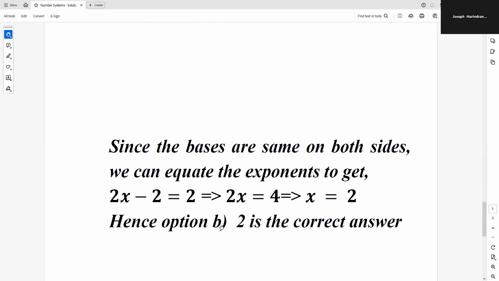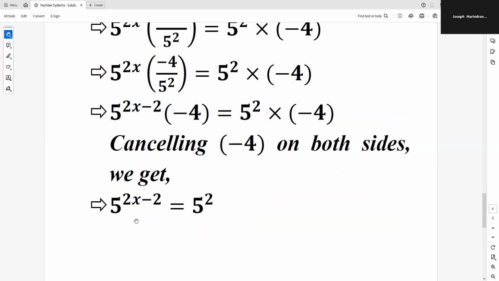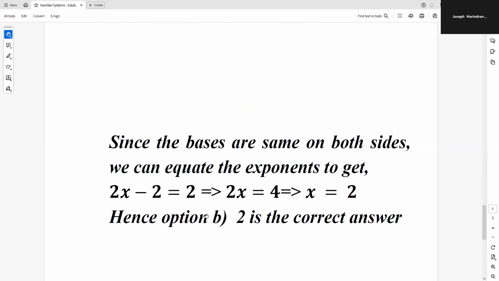We get 2x minus 2 is equal to 2. Here the exponent is 2x minus 2, and here it is 2 on the right hand side. So 2x minus 2 is equal to 2 is a simple linear equation in one variable. We can solve it very easily just by transposing and getting 2x equal to 4, which gives x is equal to 2, and hence option B, 2 is the correct answer.